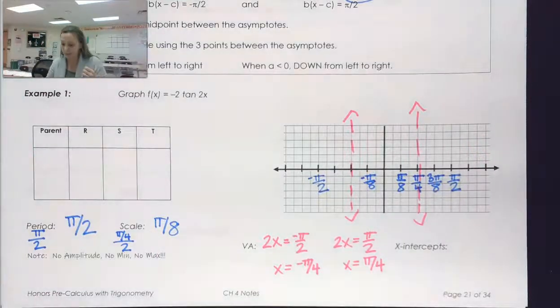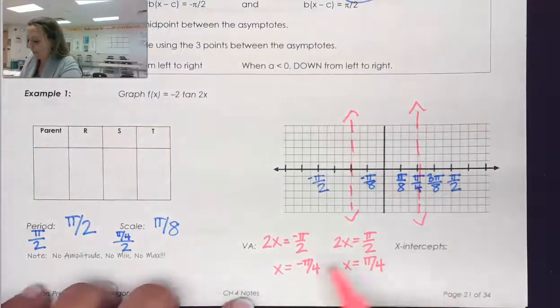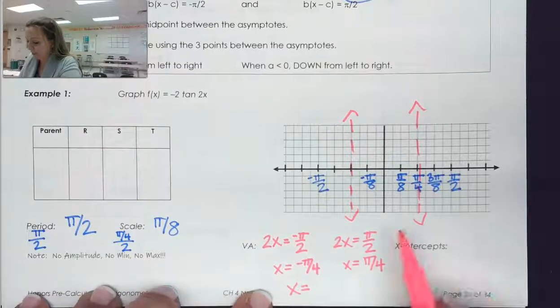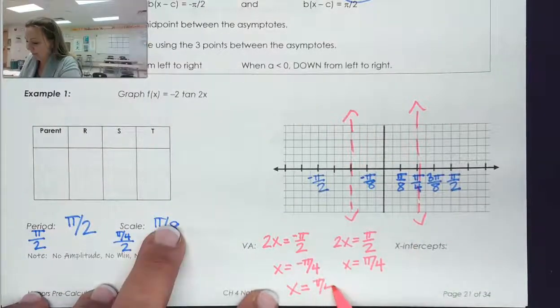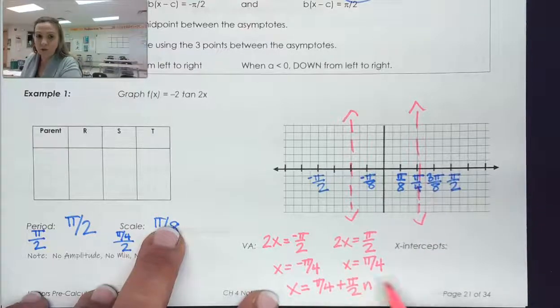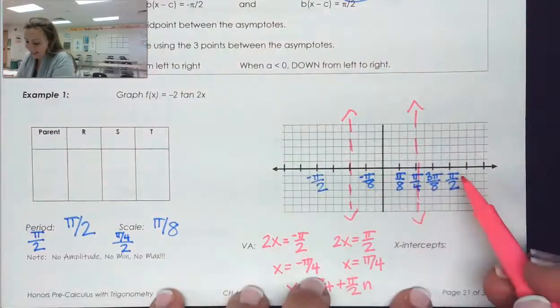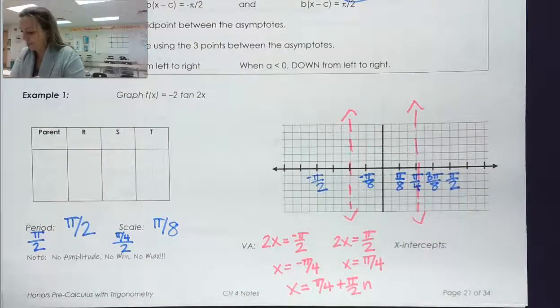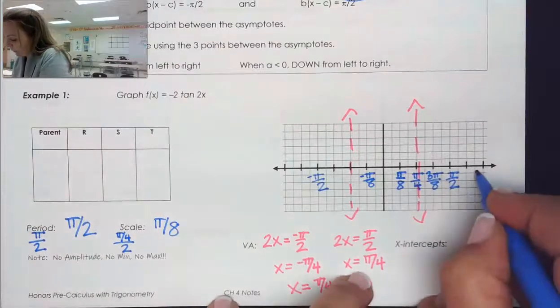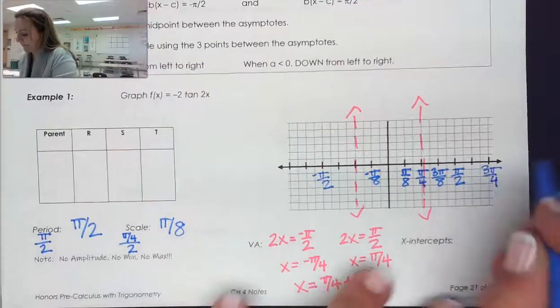And because our period is pi over 2, notice that our asymptote is going to start at pi fourths. And we're going to have another asymptote every pi over 2 units. So then our next asymptote would be over here. If we look, this is where 3 pi fourths would be.